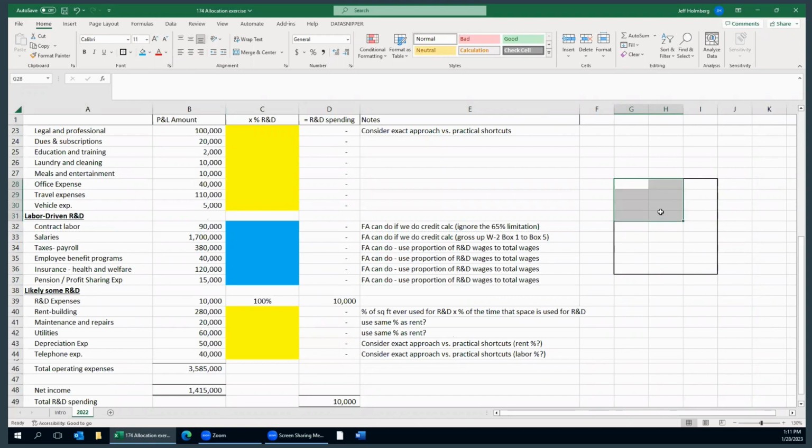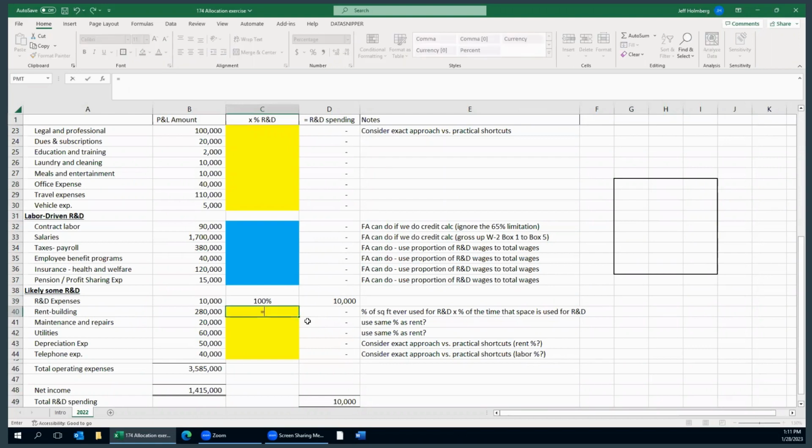A third of the square footage goes to R&D, but only sometimes. And then we ask ourselves, what percentage of the time is R&D happening in this portion of the footprint? And let's say that's 2/3 of the time. So we might say 1/3 of the square feet, 2/3 of the time, and come up with 2/3 times 1/3. You might say that 22% of the rent is an R&D expense.